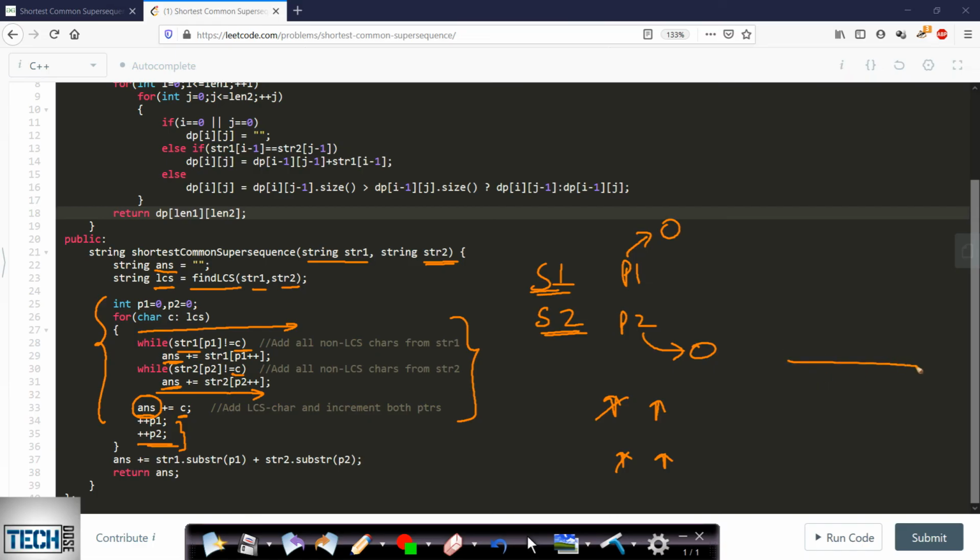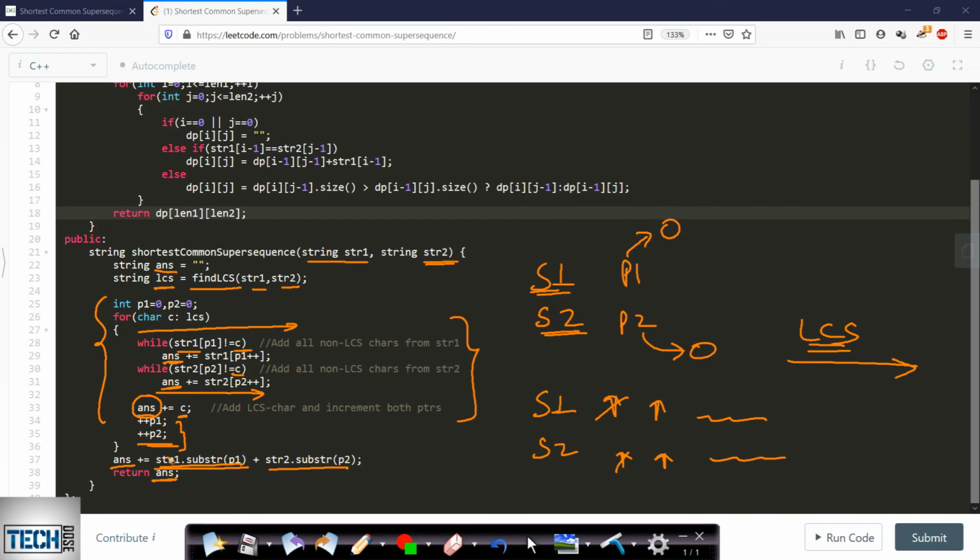Once we finish with all the LCS characters, strings S1 and S2 might still have some other characters on the right-hand side. So at the end we include all the leftover characters of S1 and S2 into our answer, and finally we return our answer.